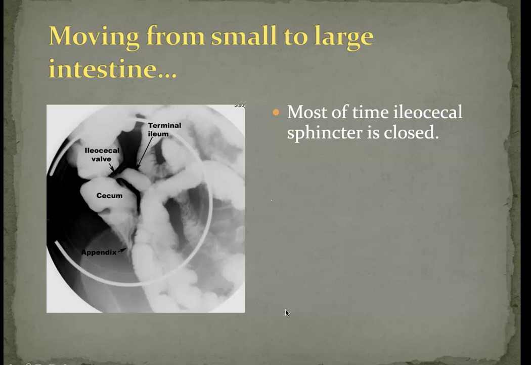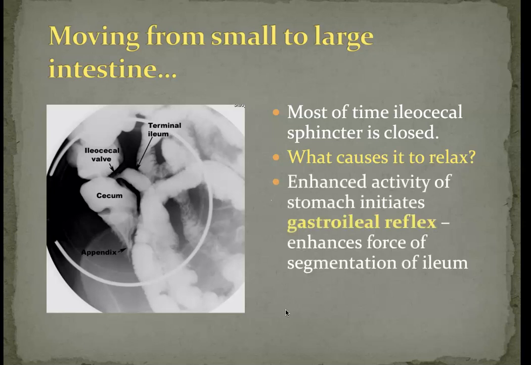Okay, so most of the time the ileocecal sphincter, which is that sphincter between the ileum of the small intestine and the first section, the cecum, of the large intestine, is closed. So what causes it to relax? Enhanced activities of the stomach initiates what's called the gastroileal reflex, which is going to enhance the forced segmentation of the ileum. So it's kind of like a food in, food out.